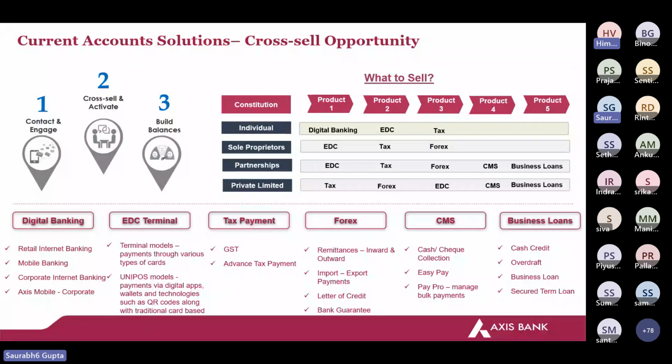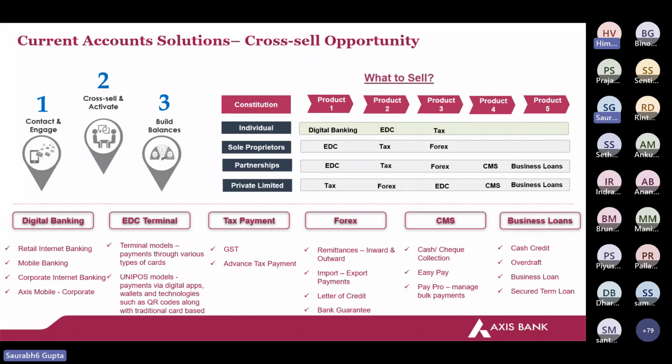In digital banking solutions, we are offering retail internet banking and mobile banking to individual and sole proprietor customers. CIB, that is corporate internet banking, and Axis Mobile Corporate are for partnership and higher constitutions.